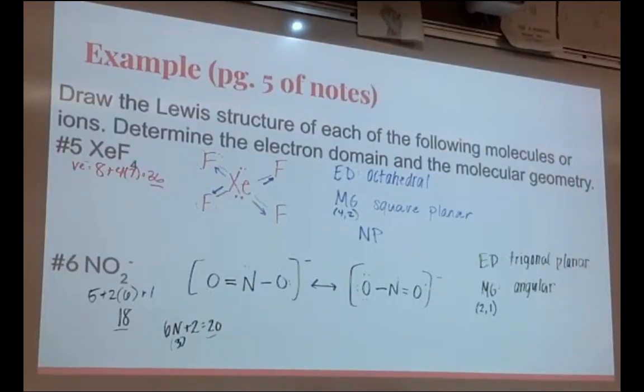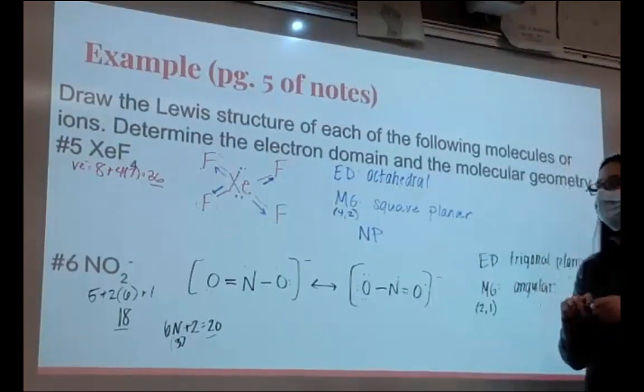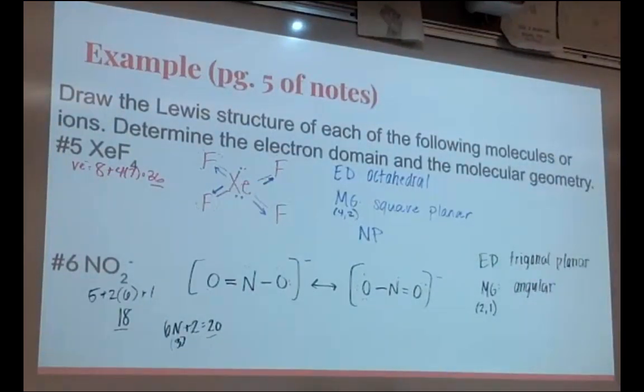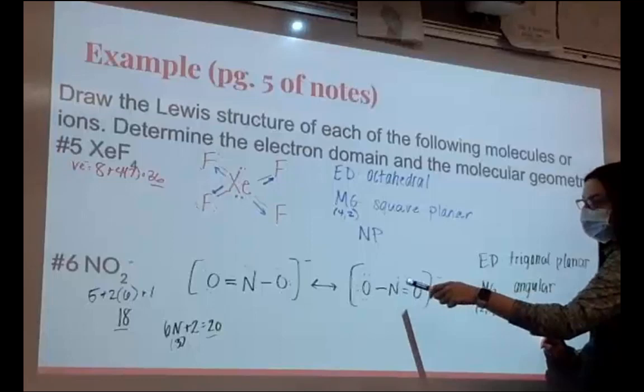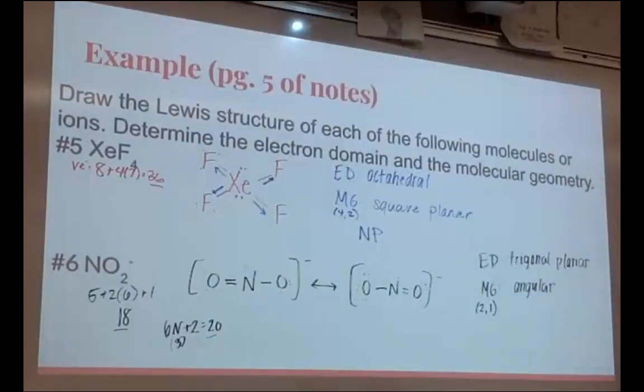It's the same thing. 2 atoms bonded, 1 lone pair results in either angular or bent. Now, because there is this lone pair on the central atom, that's going to result in a polar molecule. Okay, so that's kind of tying together Lewis structures and electron domain molecular geometries.